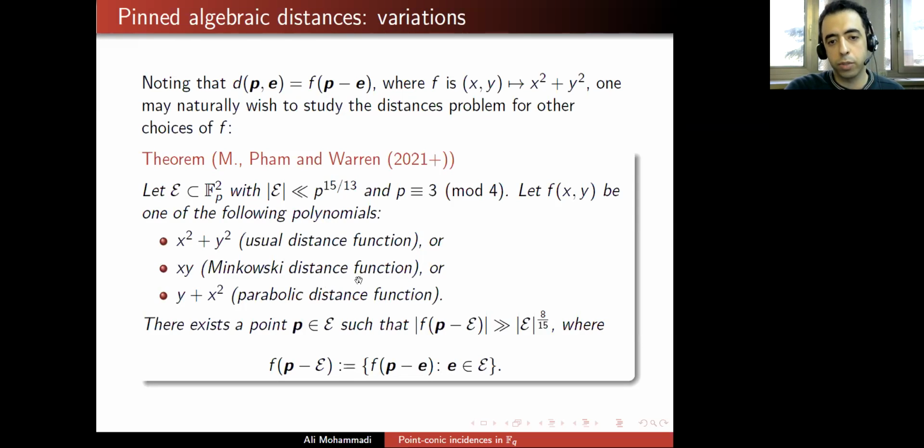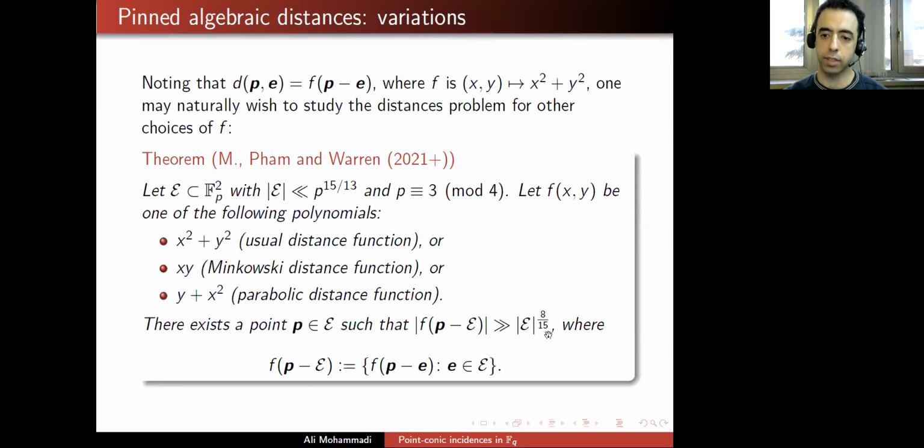And these actually have geometric meanings as well. This is the Minkowski distance and parabolic distance, but again, over the reals, not over finite fields. Over finite fields it is just an algebraic quadratic form. Again, E has to not be the whole plane to have something non-trivial. And it's interesting that even though our techniques look so ridiculously inefficient, we actually reproduced some other techniques that landed on 8/15.